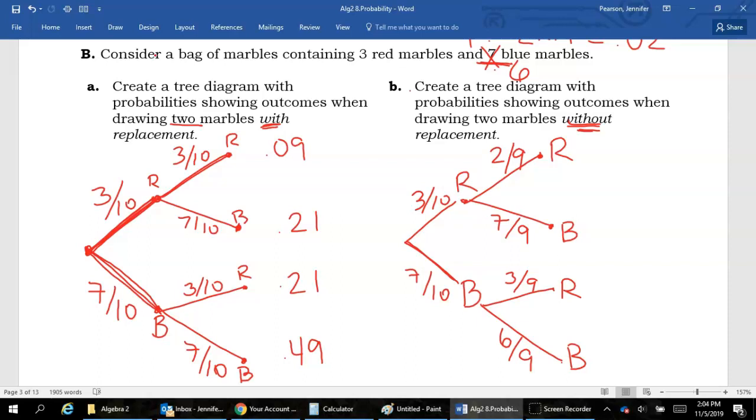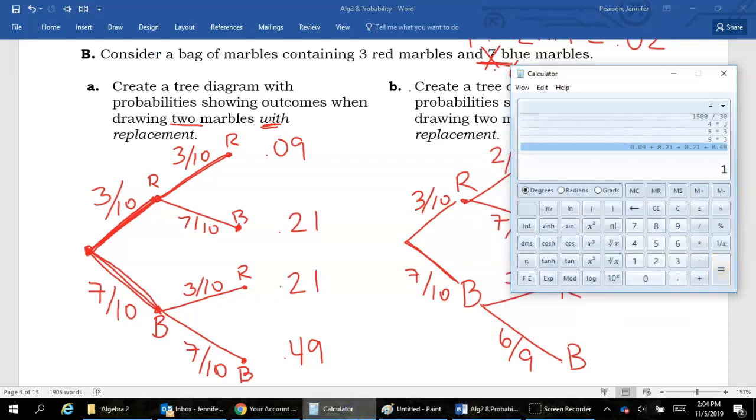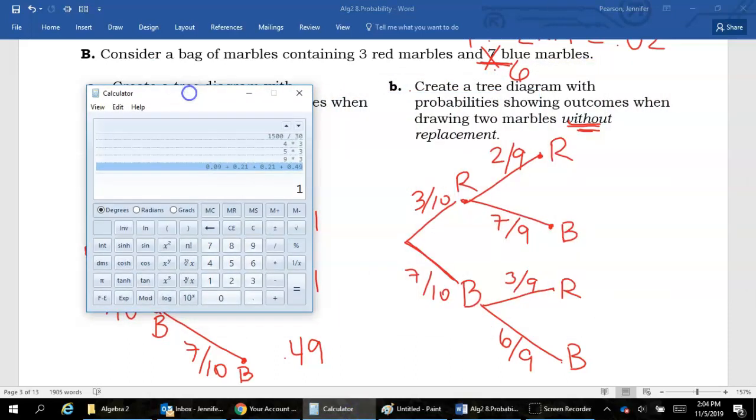We'd be multiplying to get the probability of 2 red marbles. It would be 3/10 times 2/9. So if you are good with fractions, you can do 6 on top, 90 on the bottom, right? 3 times 2 is 6. 9 times 10 is 90. If you'd rather do percentages, that's 30% times, I don't know, 22%.